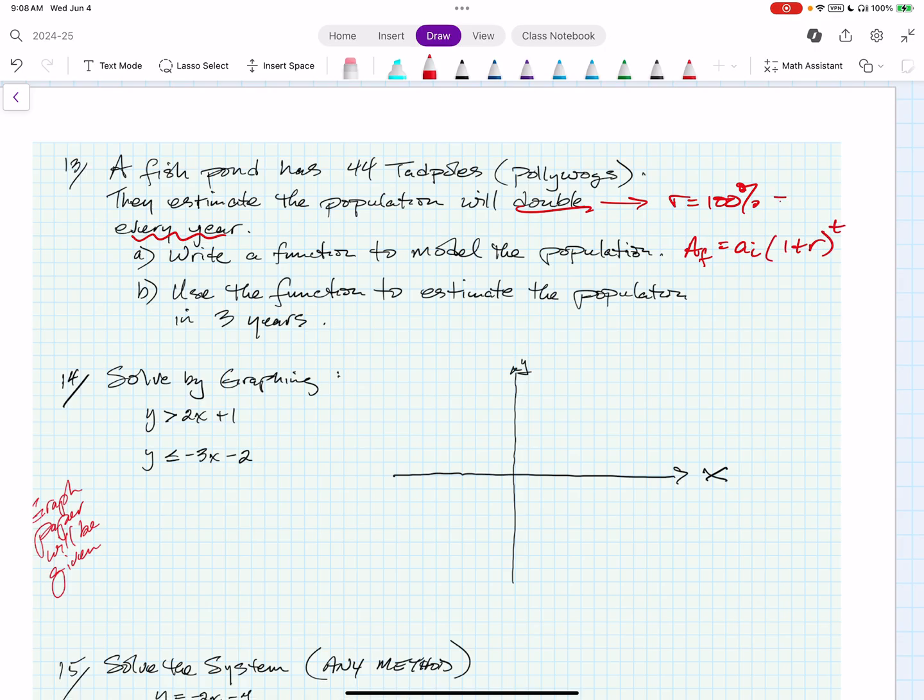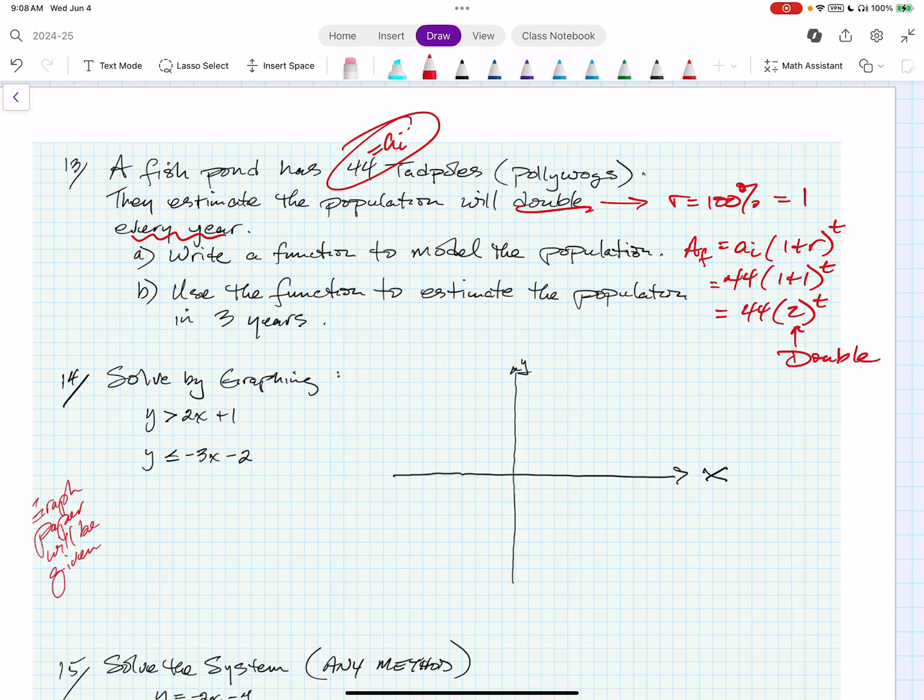And if r is 100% or 1, which makes sense because we're doubling, when you substitute 1 in for r, the base is going to switch to 2, which means you're doubling, okay? And the initial value is 44, so your function looks like 44 times 1 plus 1 to the t power. Simplify that, 44 times 2 to the t power, and again, you're doubling.